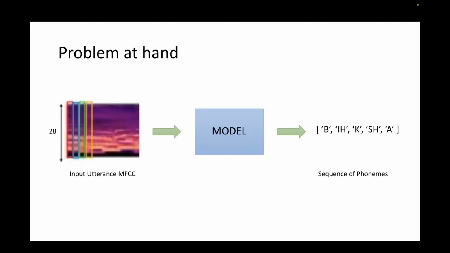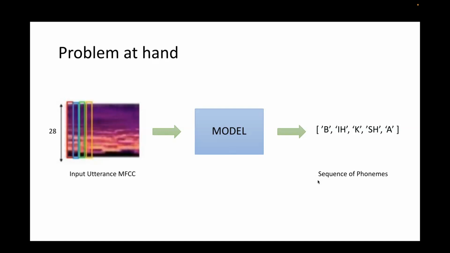In homework 3 part 2, we return to the topic of speech recognition by predicting phonemes in a recording. You will be solving a sequence to sequence problem using sequence models. And you will have features like MFCC features, which will be of 28 dimensions like you had in homework 1. And you will pass it to the model to predict the sequence of phonemes.